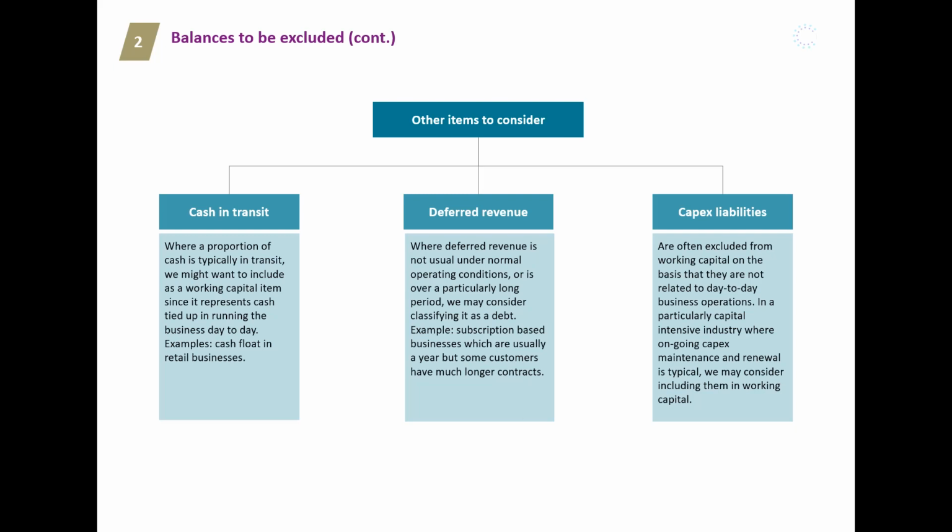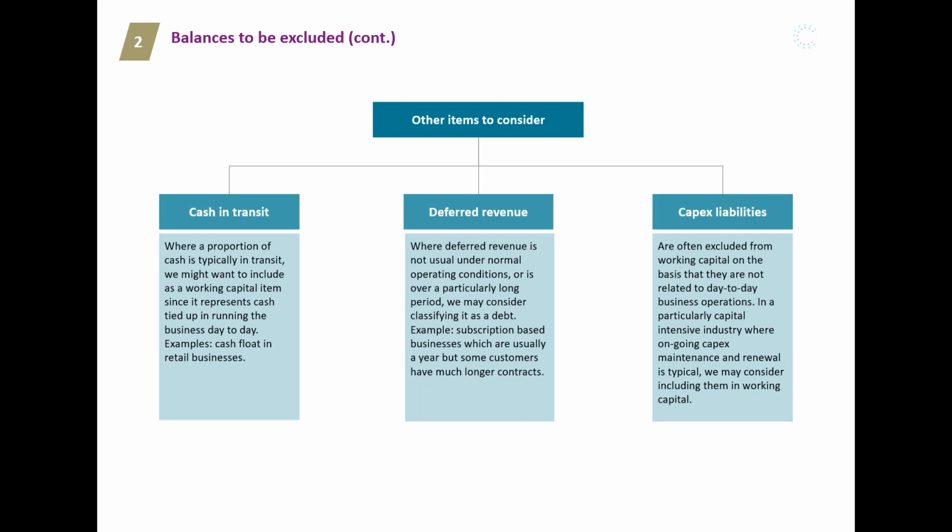So trapped cash can include cash in transit and cash floats like money in tills, or it could include escrow payments. Escrow payments, that's a tricky one. Do you include that as a working capital item? Well, it's probably non-recurring if it's linked to a one-off sale of a building. But if you're a real estate agent, you might constantly have those escrow balances. So that might actually be considered your working capital.